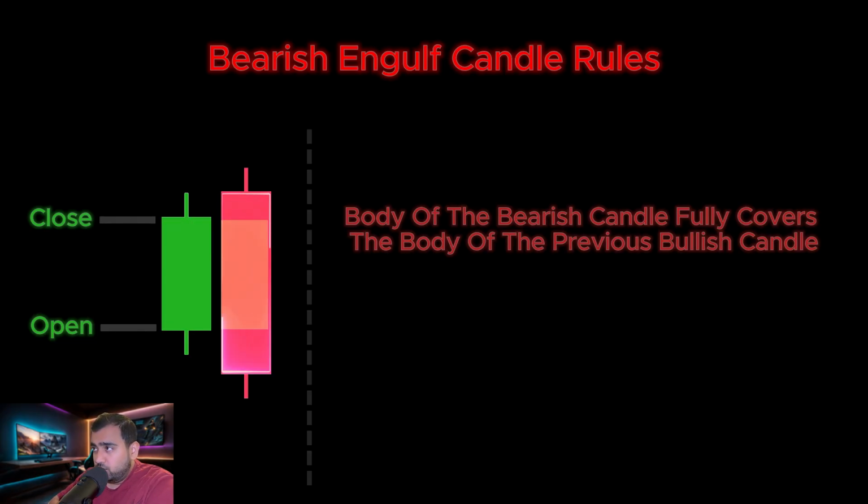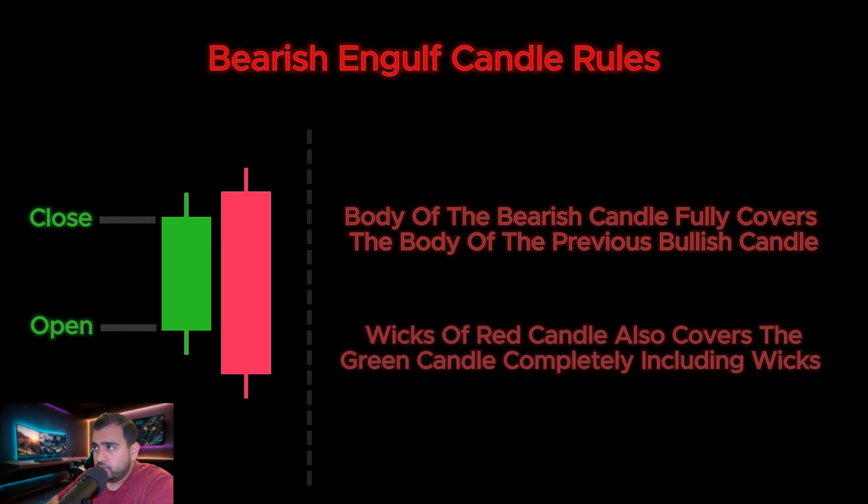The first rule is that the body of the bearish candle fully covers the body of the previous bullish candle. It means the red body covers all the green body area. As you can see, the green body falls under the red candle, so our rule number one is validated here.